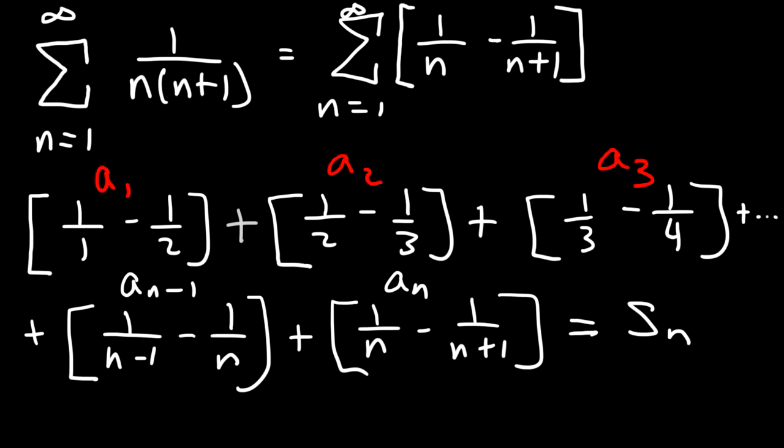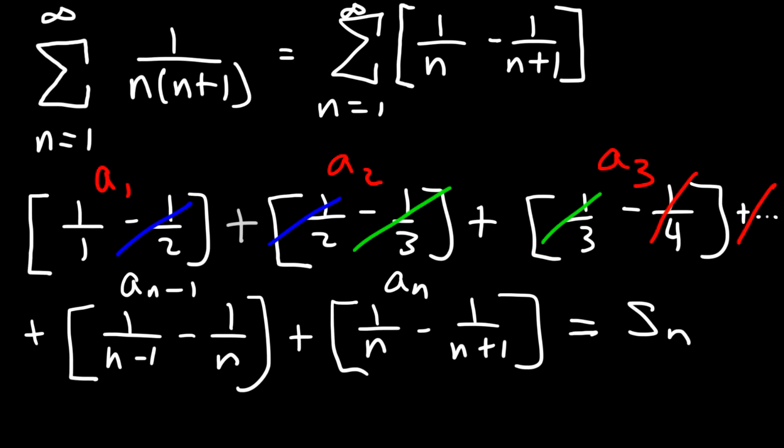Now let's simplify the expression. We can cancel negative 1/2 and 1/2. We can cancel negative 1/3 plus 1/3, and then negative 1/4 plus 1/4, which is somewhere in the middle of the sequence.